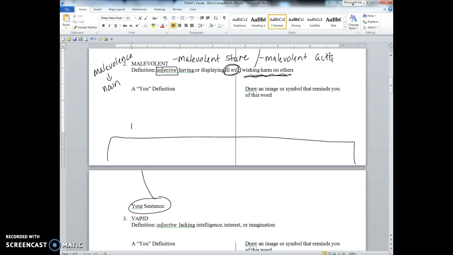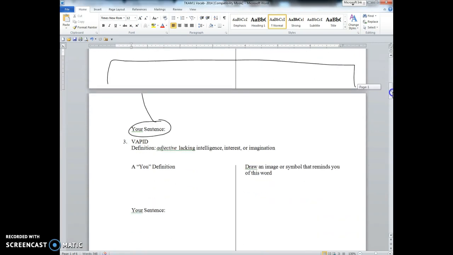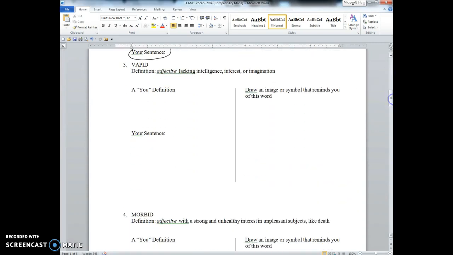And so if it's a stare, if it's an act, things like that, then that means that whatever it is is very, very bad. That they're trying to hurt somebody. Okay? And again, you can use the word malevolence, the noun form, if you'd like. That's an option.